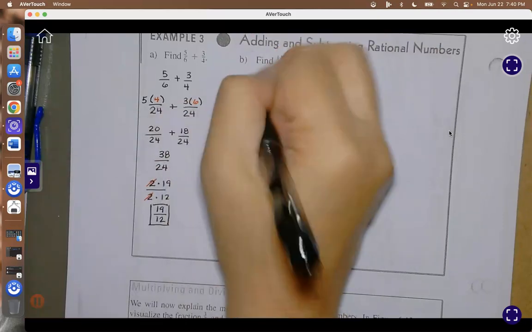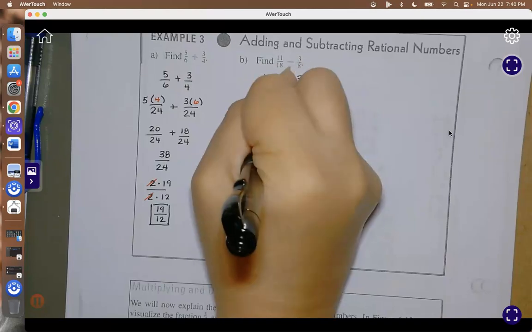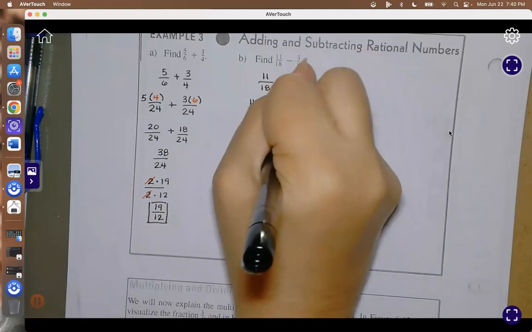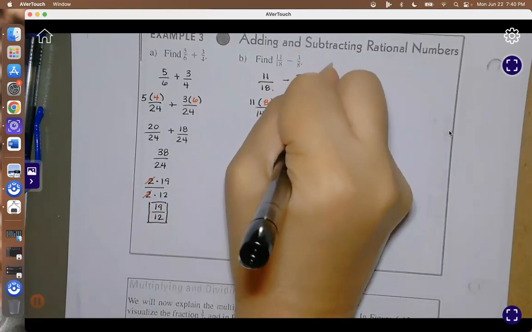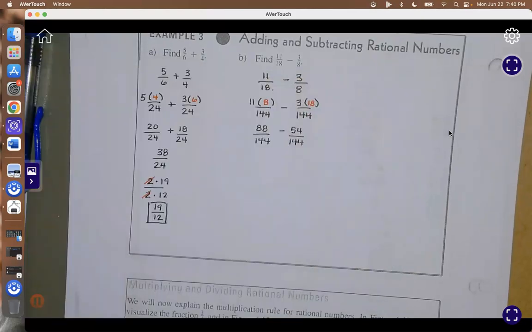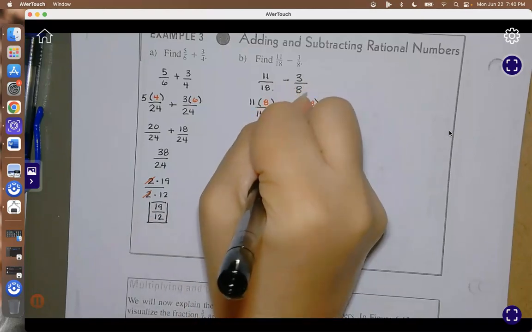Now, 8 times 11 is 88. 18 times 3 is 54. 88 minus 54 gives me 34.